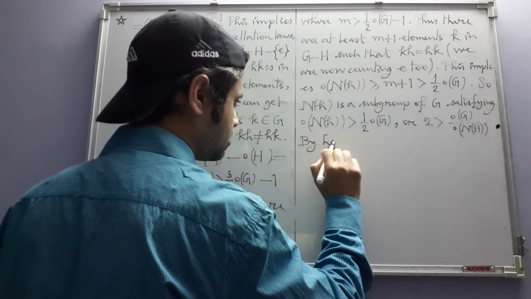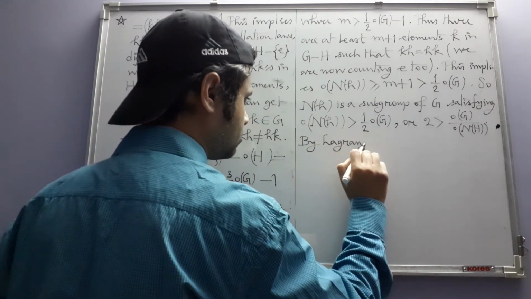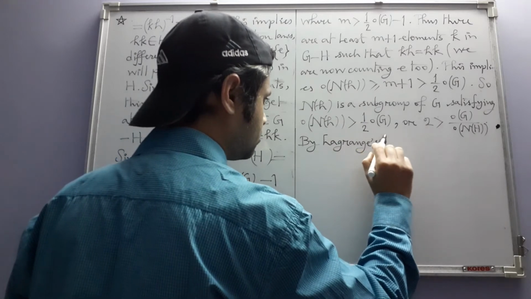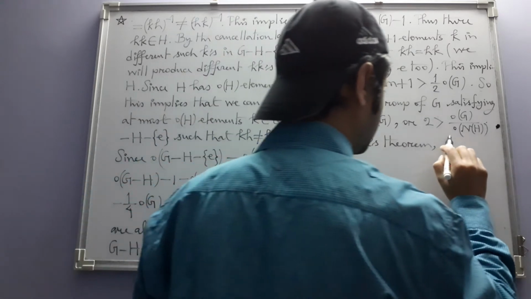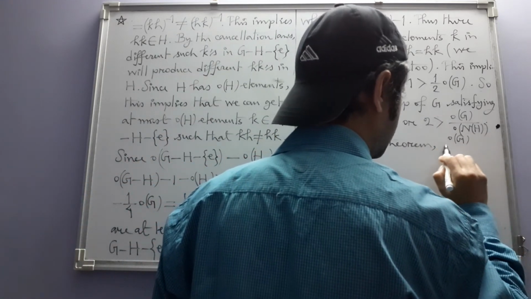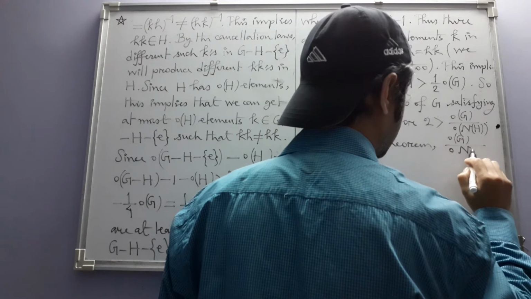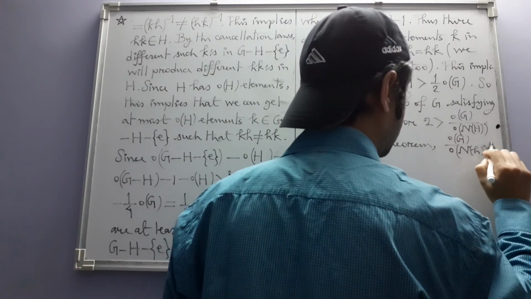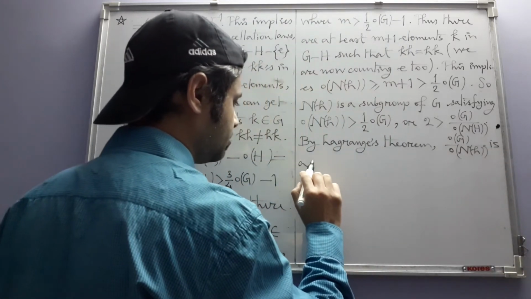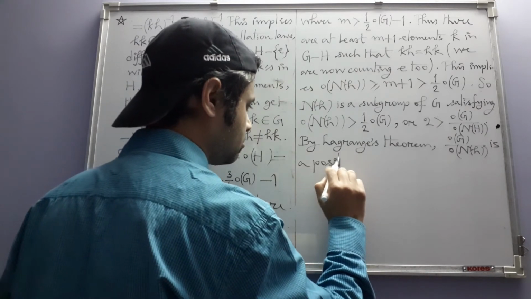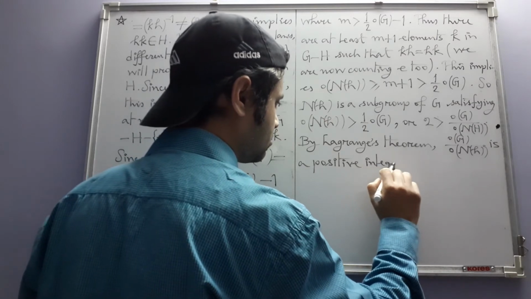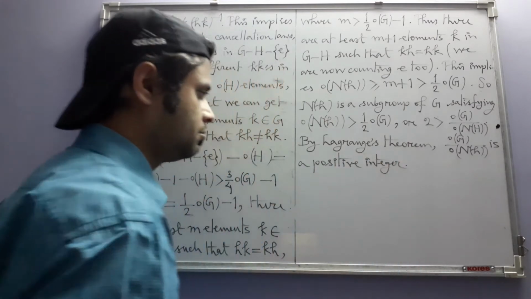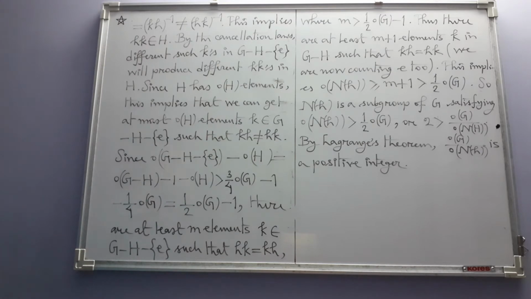By Lagrange's theorem, order of G divided by order of N(h) is a positive integer, because any subgroup's order divides the order of a finite group.